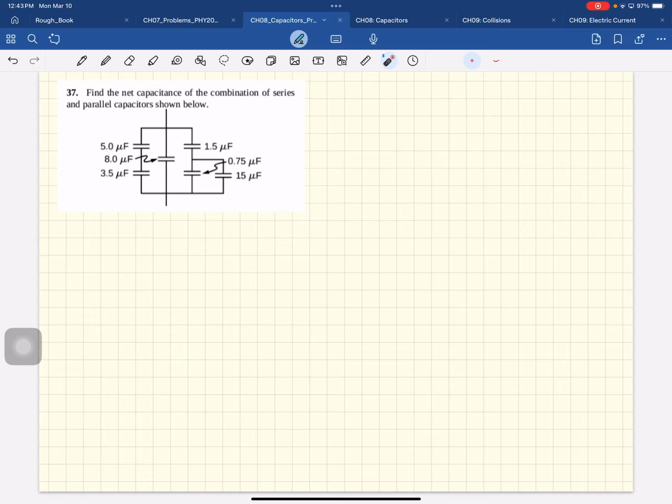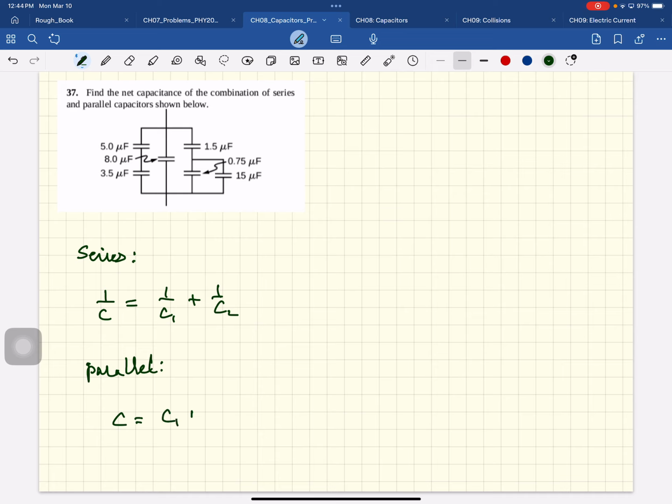All right, so when you analyze this, you had to first reduce this to a single capacitance. Okay, so if you look at your notes, when you have a series combination, this is how the capacitances add up. And when you have a parallel combination, here's how the capacitors add up.